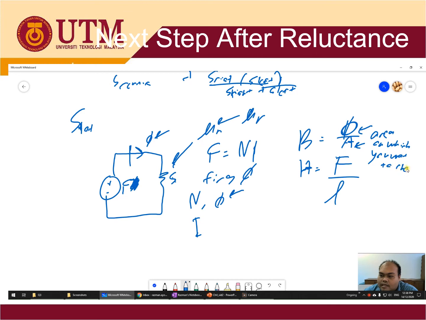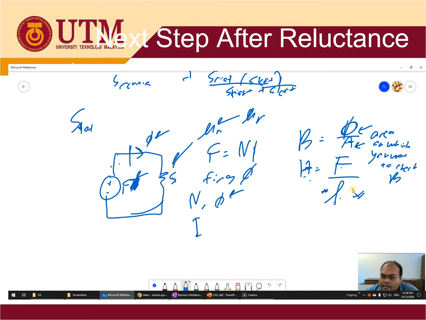Then for H, of course the same thing. This is usually for a simple circuit. For H, use F and L, the length, so you can find the magnetic field intensity for each length.